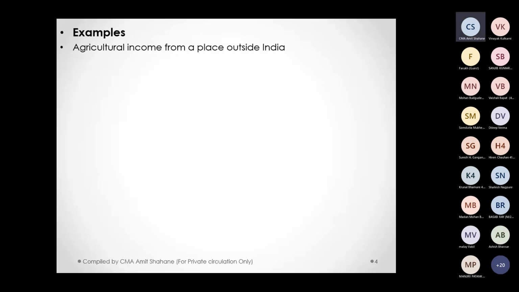Now, we all are professionals, so I need not explain this, but even a single word can change the entire meaning of that particular section. So, just at the cost of repetition, I will repeat that agricultural income in India is exempt. It's not that any agricultural income is exempt. It has to be from Indian land, or an Indian agricultural land, to put it simply. Right? So you can find that this is a residual income and therefore it is chargeable under the head income from other sources.